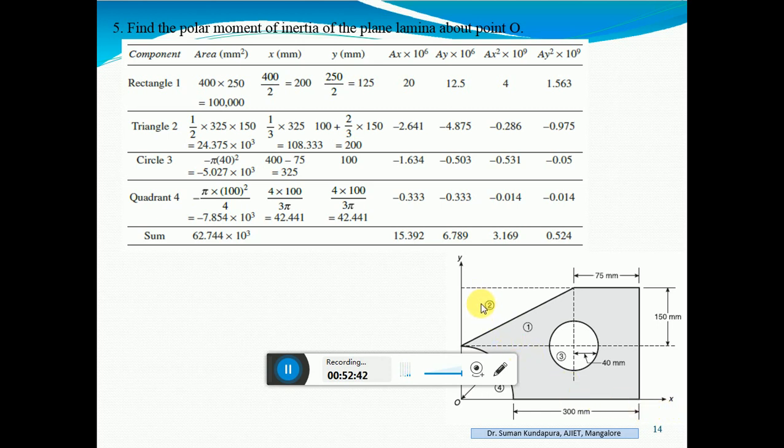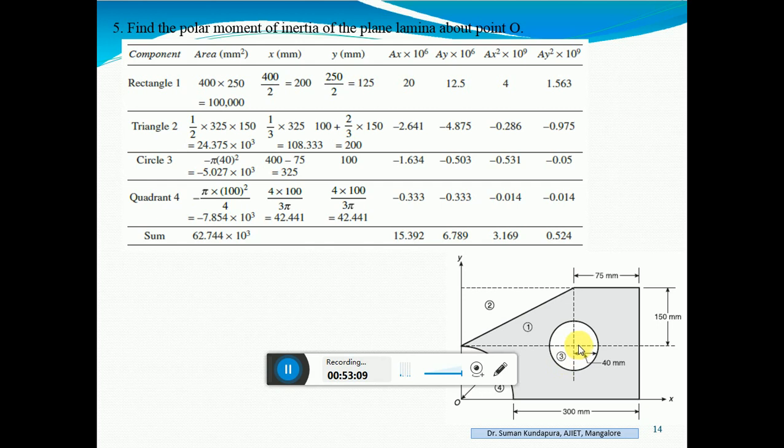I have to reach up till here. So from OX, from here to here, the radius of the quadrant is 100. So 100 plus, from the apex side, it is 2/3 of this distance. Then only we can reach this point. So 2/3 of 150 plus 100, which is equal to 200.